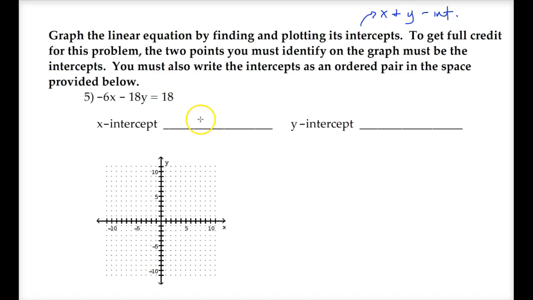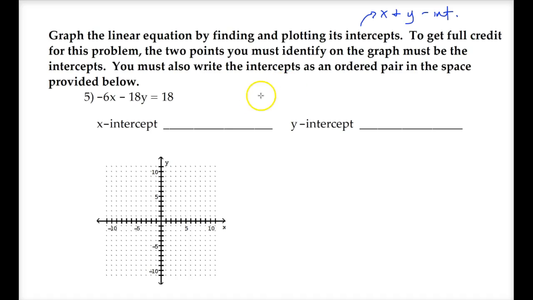In other words, you need to state what the ordered pair is for the x-intercept and the y-intercept here and here. So you have to identify what they are on the graph as well as give what the ordered pair is here.